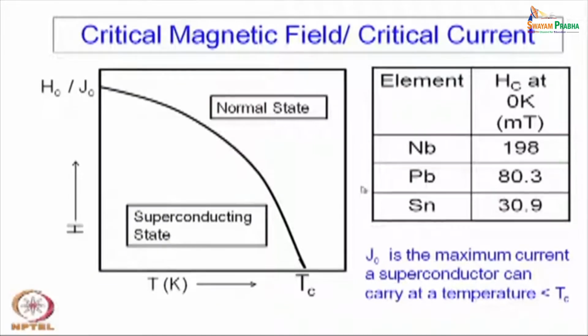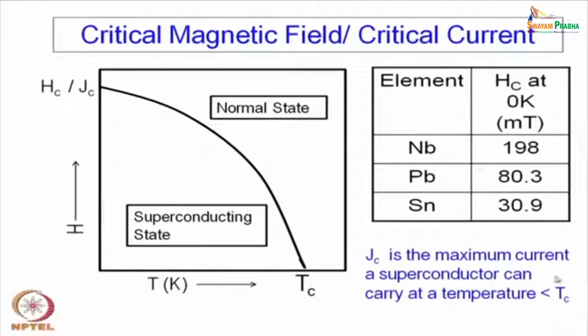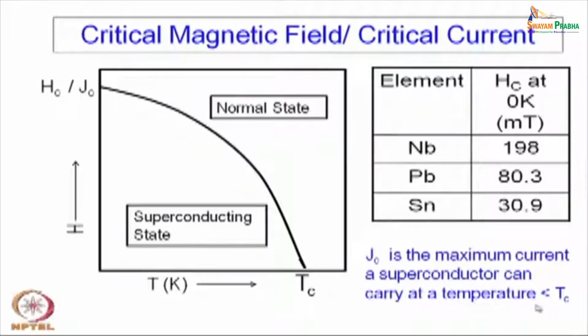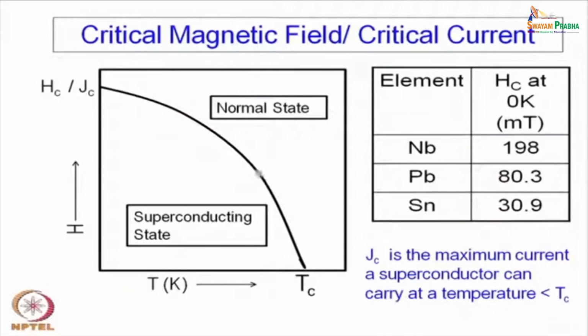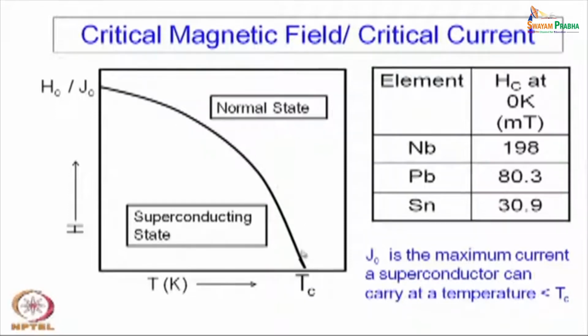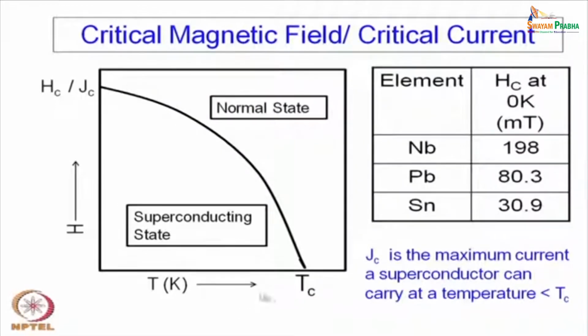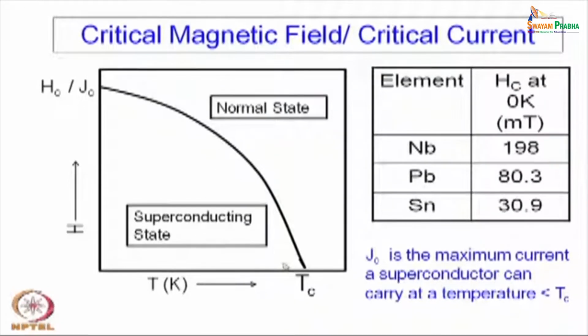And therefore, from this, Jc is the maximum current a superconductor can carry at a temperature less than Tc. More or less a similar variation you will also get with Jc. That means, as you decrease the temperature you have a higher Jc. If you are closer to the Tc, then you have a lower Jc.